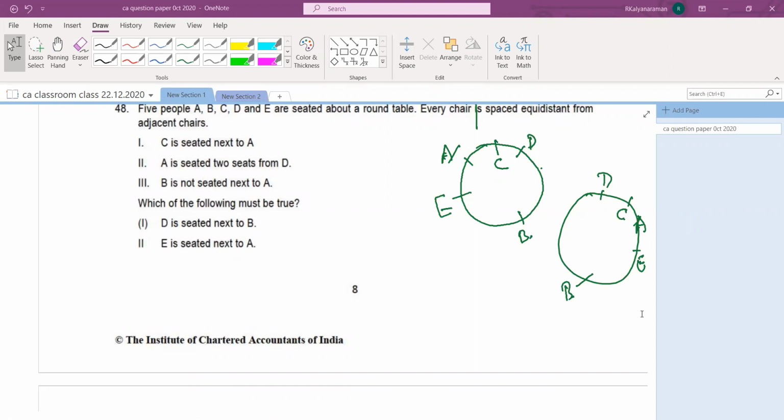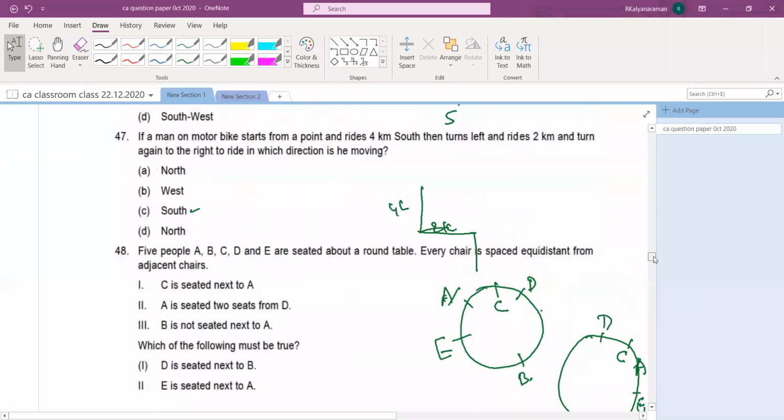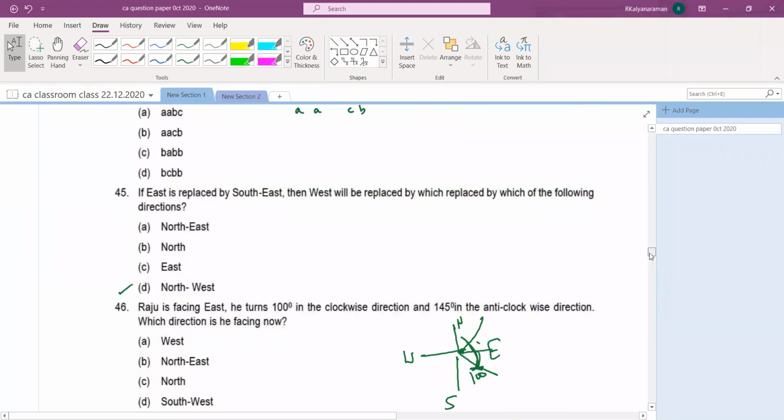Okay, somebody had asked the 45th question. So you have north, east, west, south.